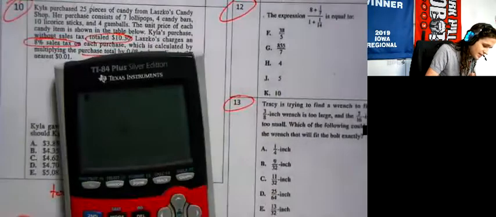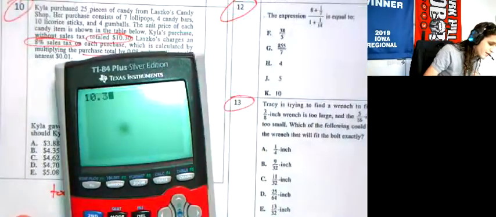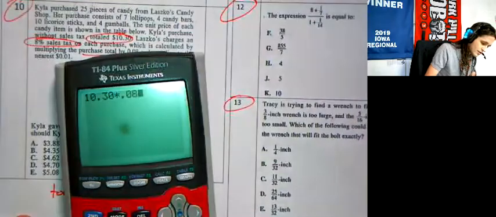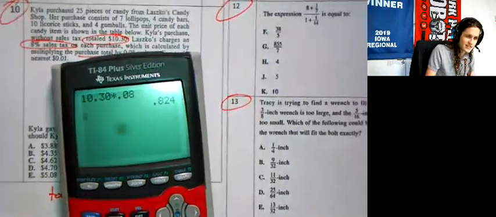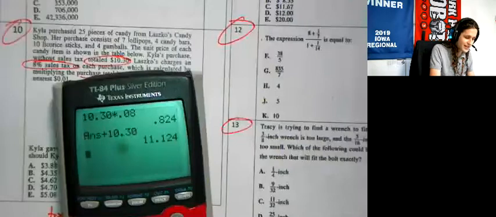You'd say 10.30 times 0.08. Great, you just found the tax. It's 0.824. So you might say, okay, well, I have to add that to the $10.30. All right, so that's how much I should have paid him. But I paid him 15.